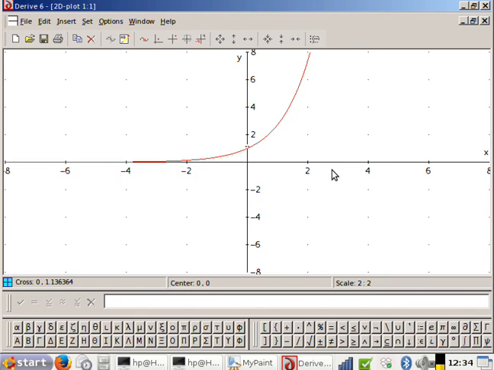So you can see, by the time I get to only 2, I'm already at 8. So the log graph compared to the exponential graph is literally its opposite. The log graph grows extremely slowly. Exponential grows extremely quickly.